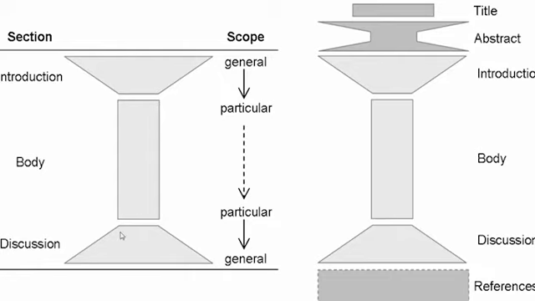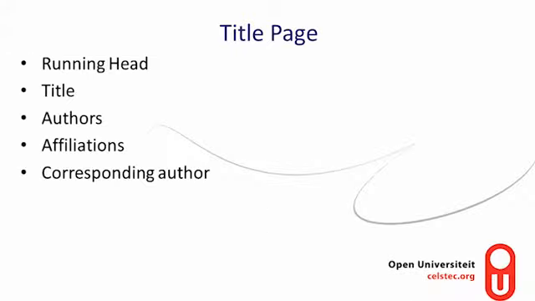Finally, in your discussion, you work in the exact other way around of a funnel. You begin particular, what did we find, and you end up fairly general, what does this mean for the field, how can we go further? Here you see on the right-hand side the exact same thing, but with all of the different parts, including your references.